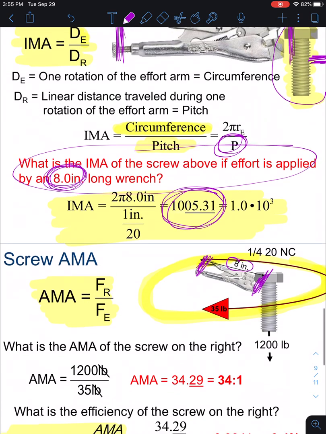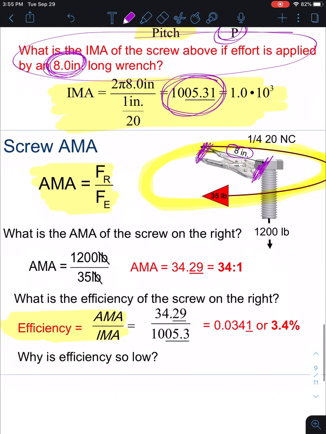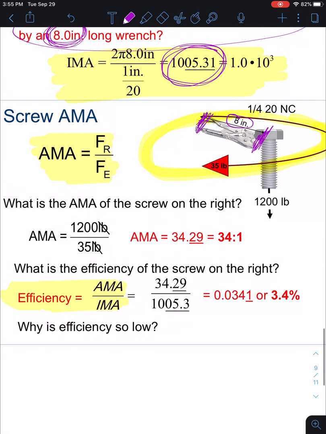For AMA, this is a lot easier, because all you're doing is dividing your force of resistance by your force of effort. These numbers in word problems will be given to you very straightforward. Your force of effort is how much effort you're giving when you're turning this wrench, and it's 35 pounds.